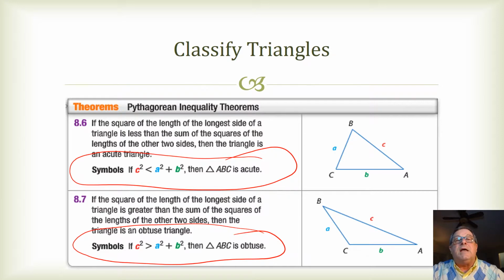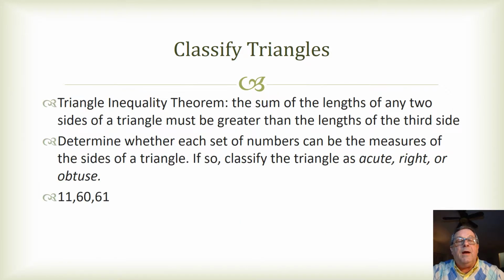Now, one last thing is the triangle inequality theorem. So let's take a quick look at that before we do some classification. In the triangle inequality theorem, the sum of the lengths of any two sides of a triangle must be greater than the length of the third side.